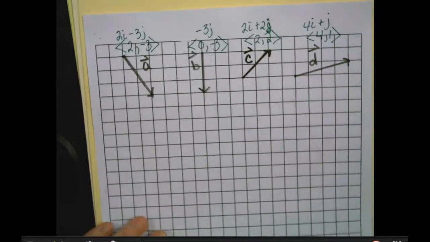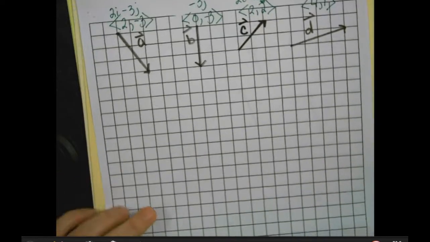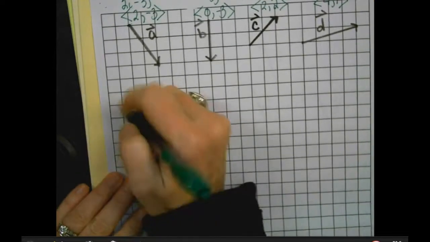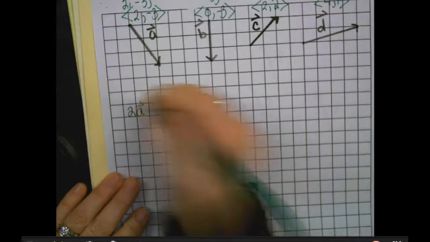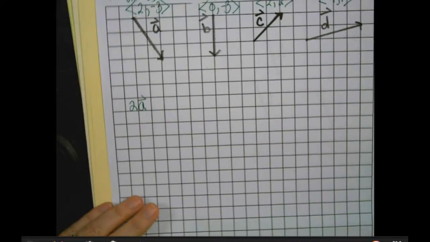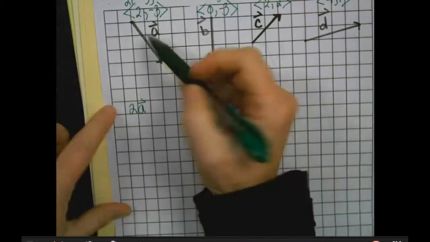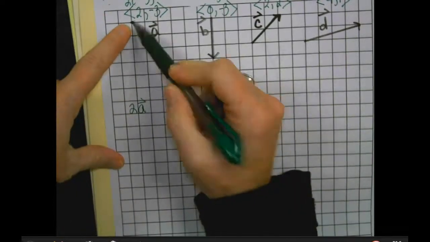Okay, not a lot. A couple things, almost done. So, if I wanted to do 2 times A, I'm going to do 2 times A. So first of all, if I'm taking 2 times A, here is this vector.